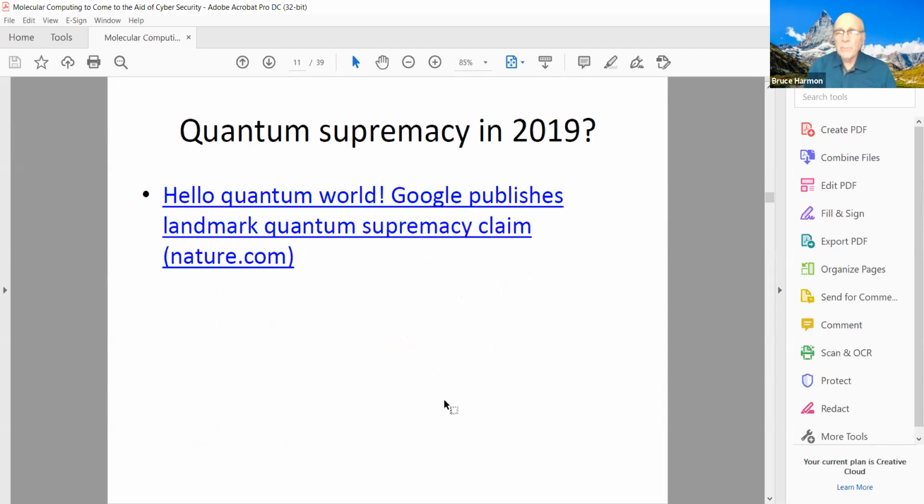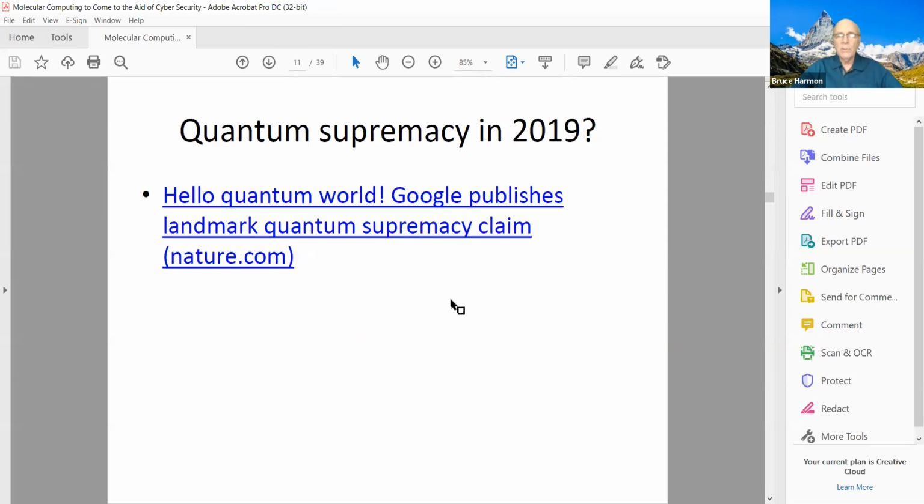Quantum supremacy was announced by Google 2 years ago, and you can click on this link to get access to these articles. I'm a little bit worried that if I click on this, I won't be able to get back, so I'll let you click on them in the interest of time.